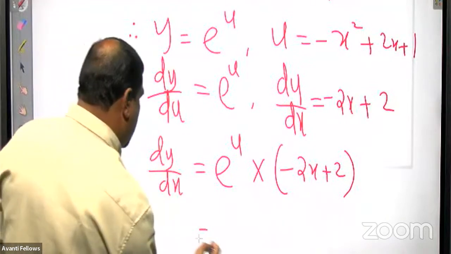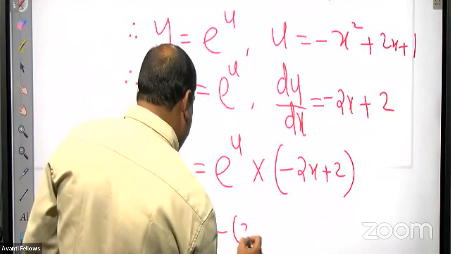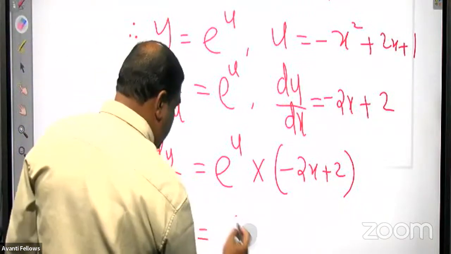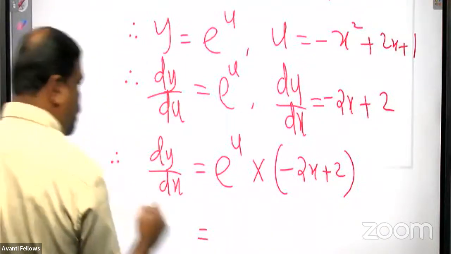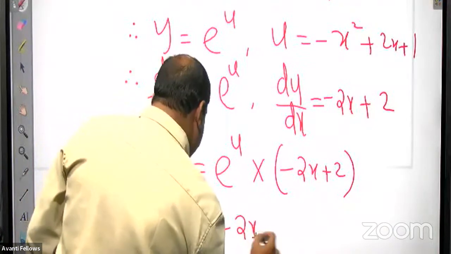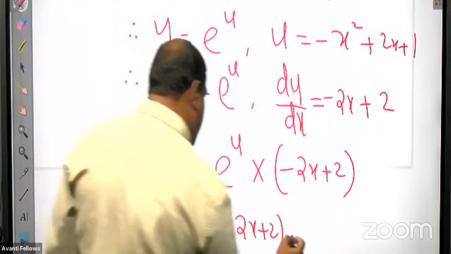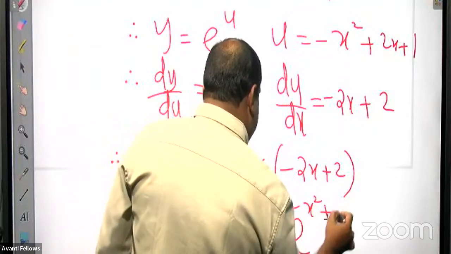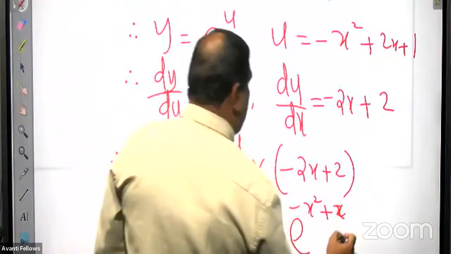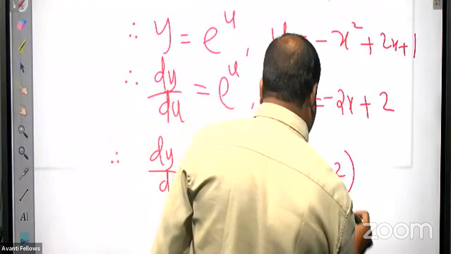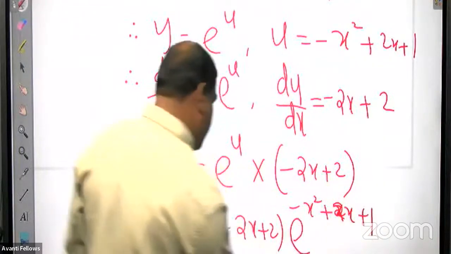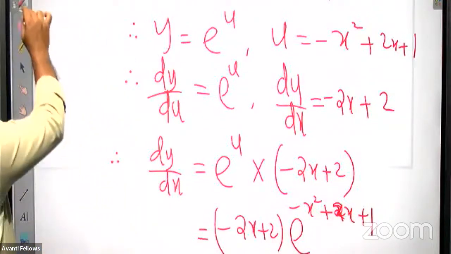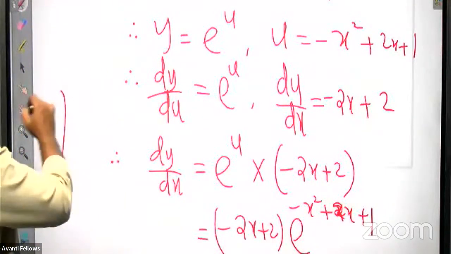That can be written, if you want, with the algebraic term in the beginning: minus 2x plus 2 into e raised to u. u means the same thing, minus x square plus 2x plus 1. This is the answer.